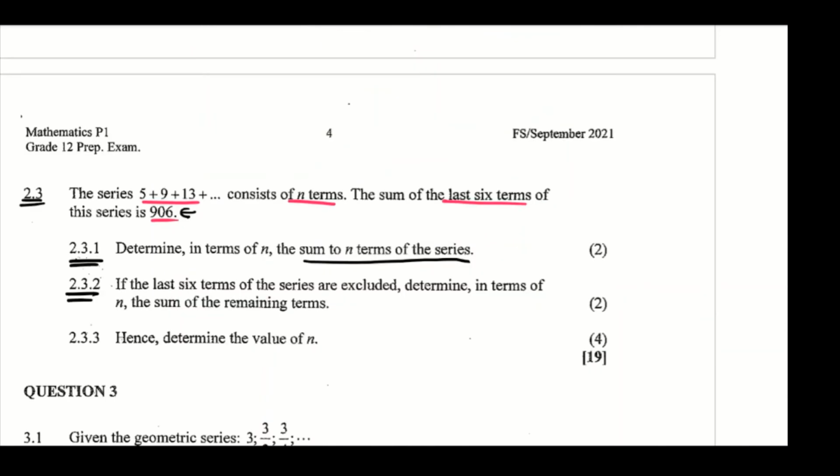2.3.2 says that if the last 6 terms of the series are excluded, determine in terms of n the sum of the remaining terms. So now, the sum of the 6 terms which are excluded is equal to 906.